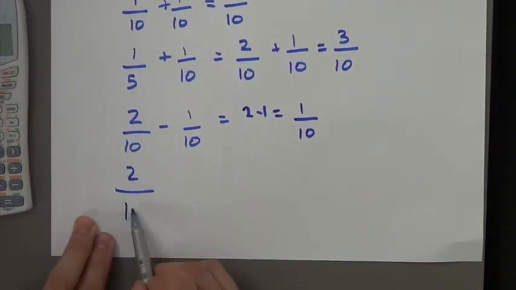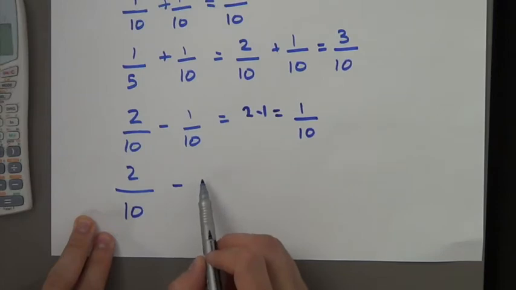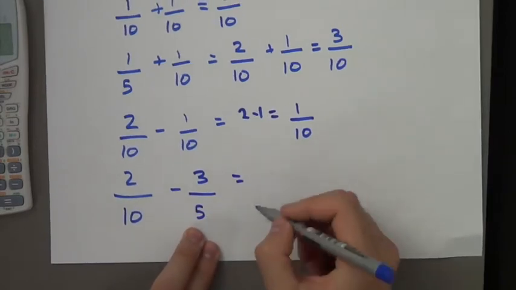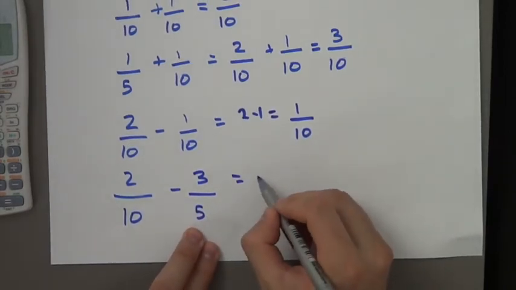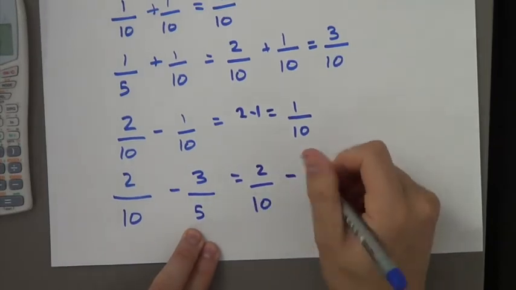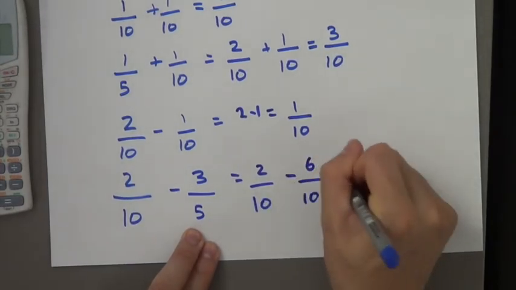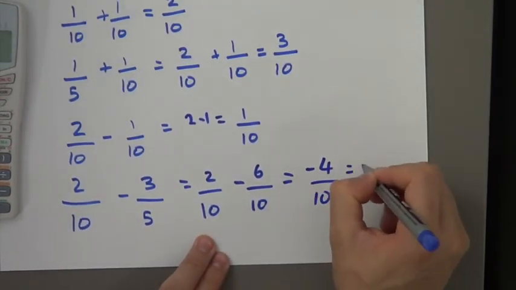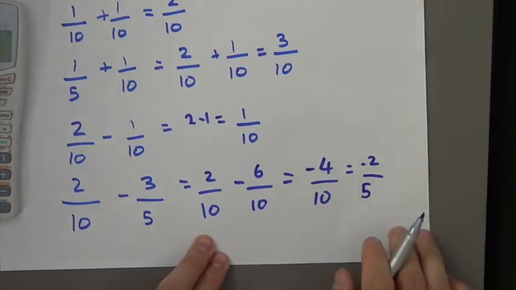Say it was 2 over 10 minus 3 over 5. Well, I'm going to make 5 10 by timesing it by 2. This is going to be 2 over 10 minus, and then 3 times 2 is 6 over 10. So this is equal to minus 4 over 10, which is equal to minus 2 over 5.